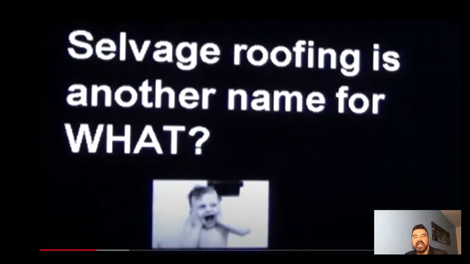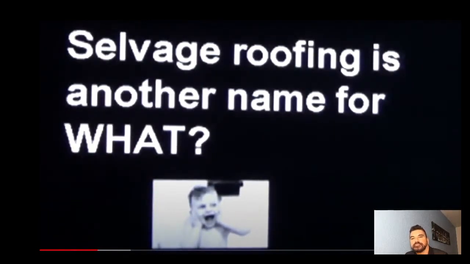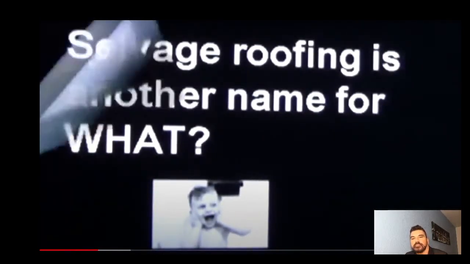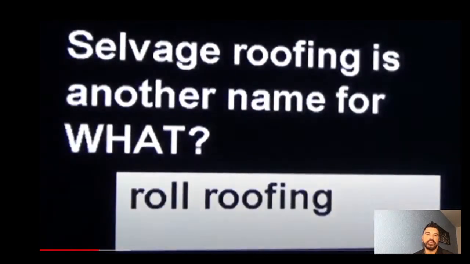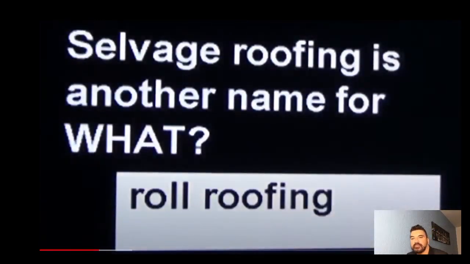So when you see the term salvage roofing, what is this another name for? I'll show you the optimal answer. Indeed, roll roofing is correct.